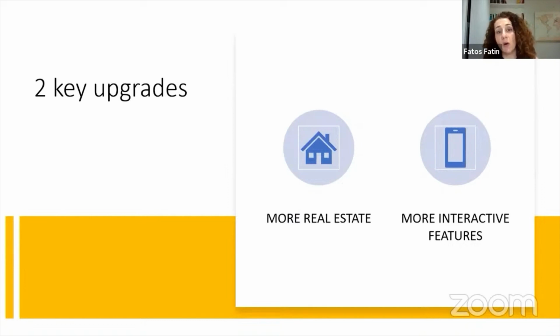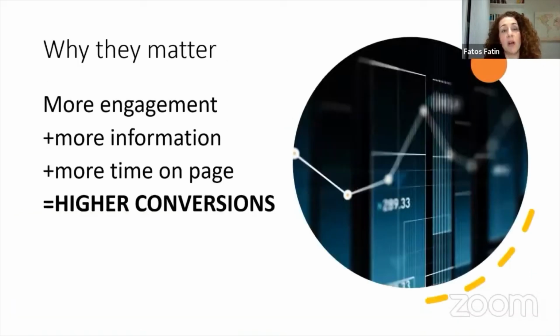So you get a lot more space with premium. And why does it matter? It matters because if you've got more space to show off your product, more space for images, and there are lots more interaction points, what that does is it keeps people on your listing for longer.